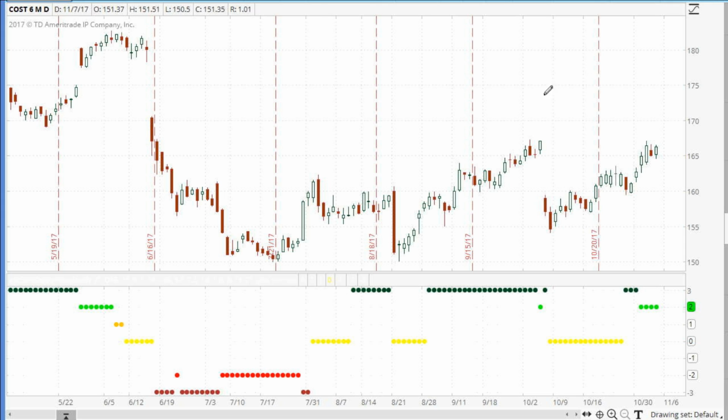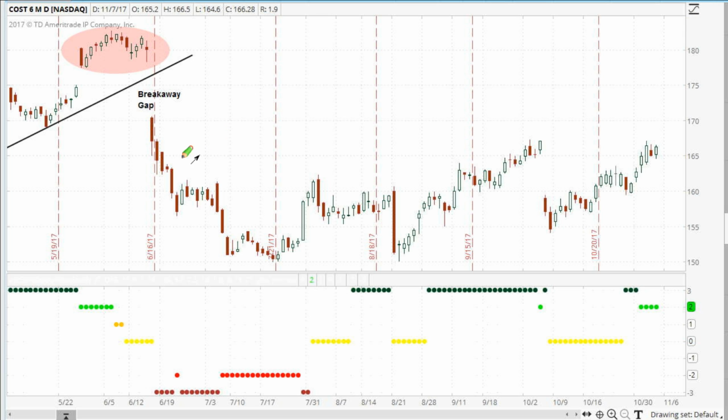And you can see in here are the readings. Now, I didn't put all those notes in here, but I'll just go quickly for you to see. Here is the period right in here of P3 where all the internals were positive and it was rising. Notice actually that we had an island reversal right in here. During the island period, it got slightly overbought.